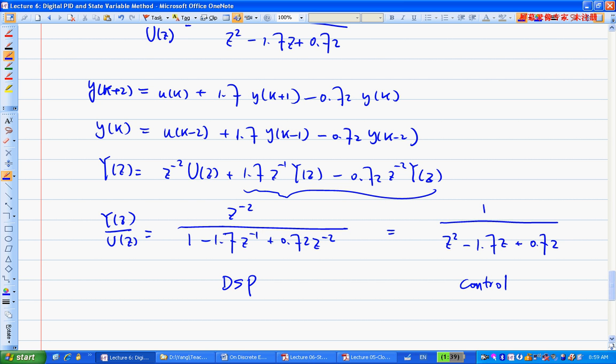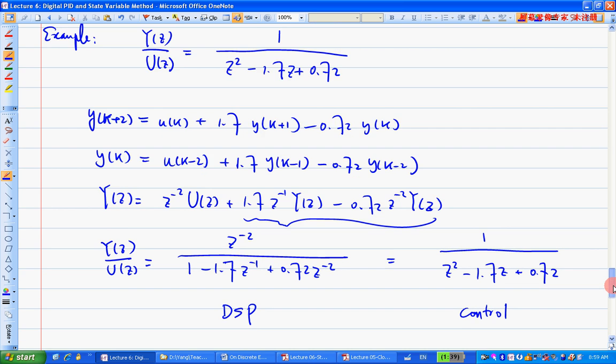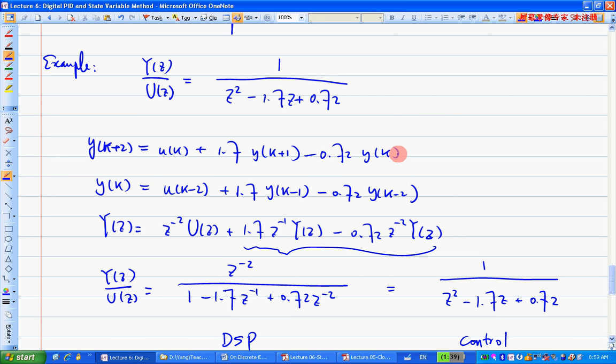Now the other thing I need to mention: if you are given a difference equation and asked to obtain the Z transfer function, the pulse transfer function, bear in mind one assumption. You have to assume all initial conditions to be 0. That's the way to obtain the transfer function.